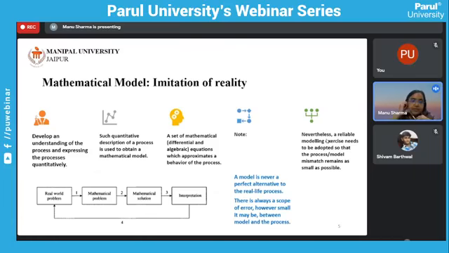So first thing is, we need to have an understanding of the process. Once we have a proper understanding of the process, then we can transform that process into a set of mathematical equations. After the set of mathematical equations is generated, we can analyze which type of mathematical equations are involved, and accordingly we can decide upon the simulation strategy to solve that mathematical model.